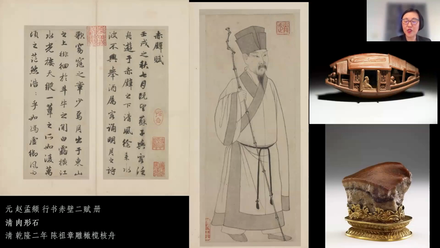Interestingly, 2019 was the year of the pig, so it was very timely that we had the famous pork. I remember my colleague who went to pack the works said they had to put a sign in the gallery saying the pork is currently on display at the Art Gallery of New South Wales.